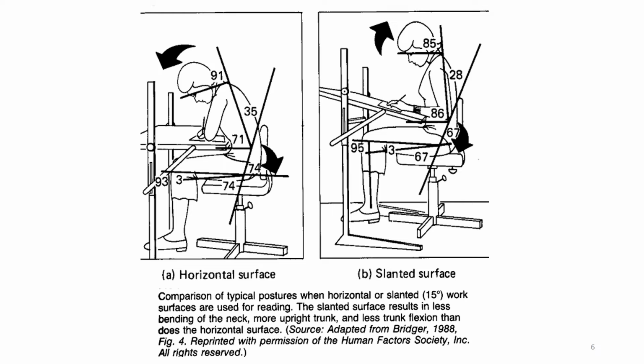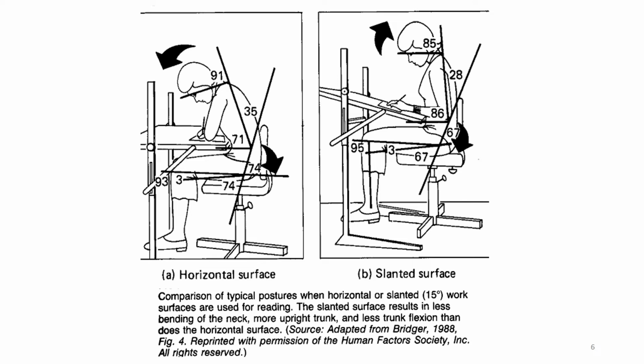Now here is a figure which shows two surfaces. One is the horizontal surface, and B is a special case of horizontal surface, but rather it is known as slanted surface. What advantages the slanted surface offers is that it will give you better posture, and less trunk movement is required, which can lead to lesser fatigue and lesser discomfort when compared with the horizontal surface.